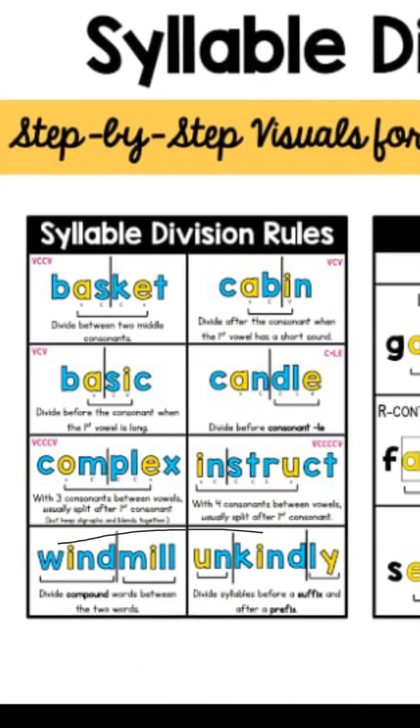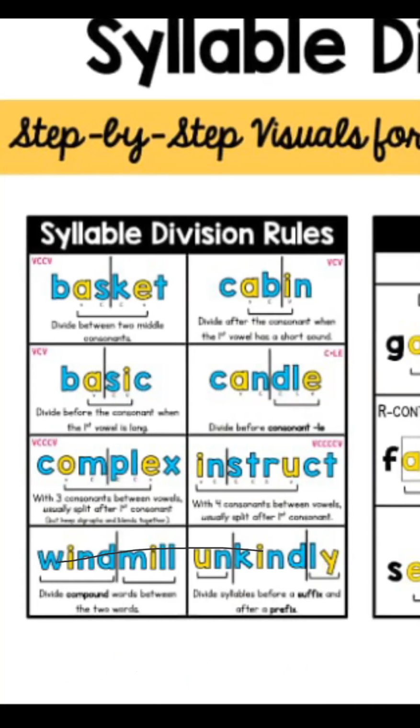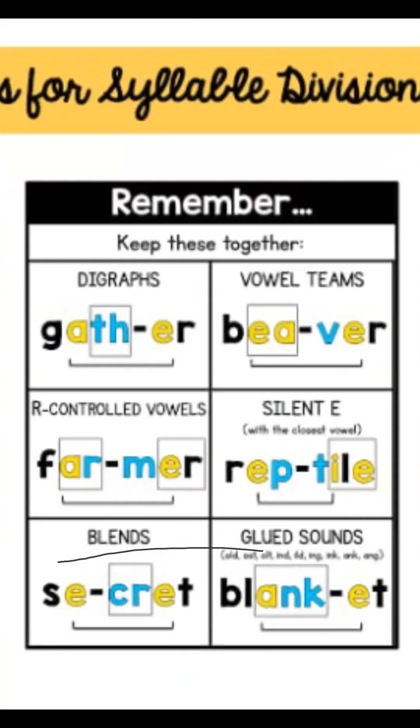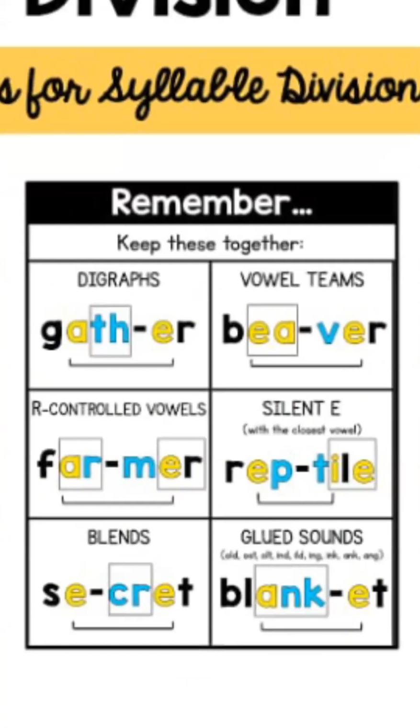Now you have to always remember these things. Digraphs do not split. TH is a digraph. We cannot split the digraph. So when you have the word gather, you cannot split between T and H, because TH is a digraph, not a consonant blend.